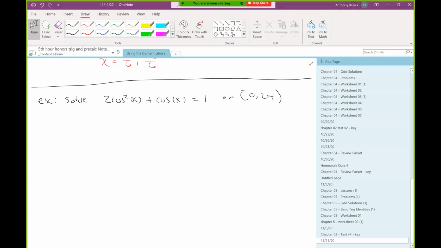Excellent. Does this remind you of anything that you've done before? Looks like a polynomial. Very good. Specifically, what kind of polynomial? Quadratic. So we can solve this basically the same way we would solve a quadratic.